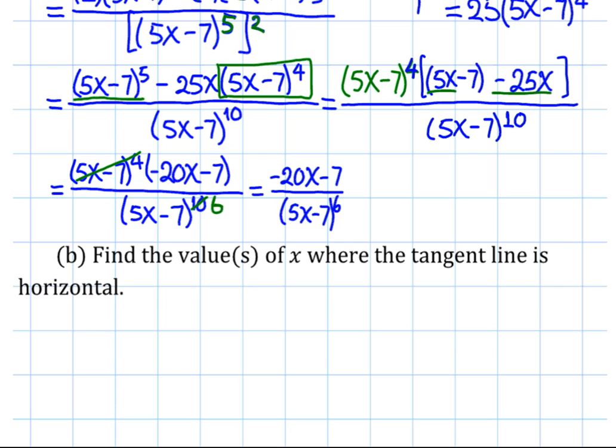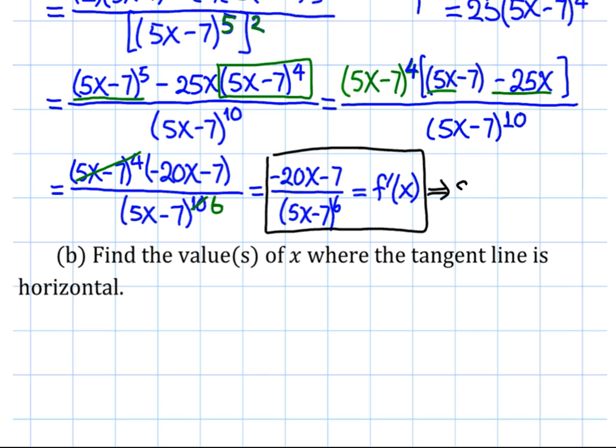Once again, this is the derivative, which is also the slope of the tangent line.